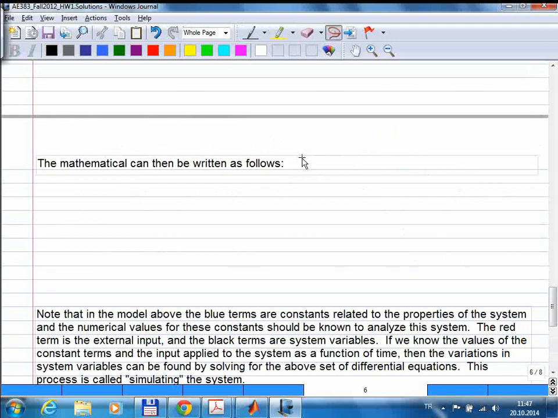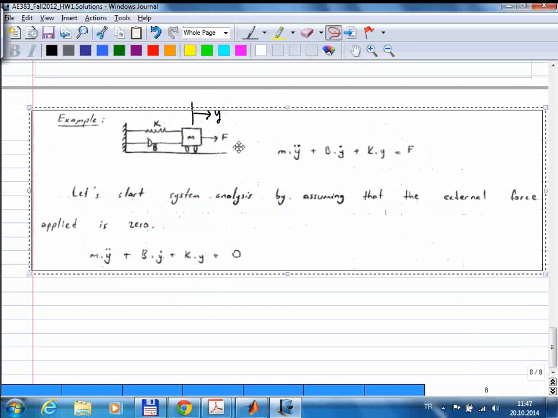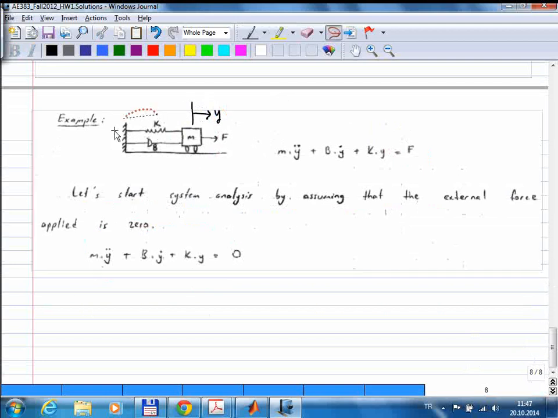Let's start with a simpler case where there is no external force applied. Let's assume that the external force applied is 0. So you don't apply any force to the system at all. Without an external force, do you think the system will move at all? Well, there's only one condition for this system to move, and that is if you release it from a non-zero initial condition.